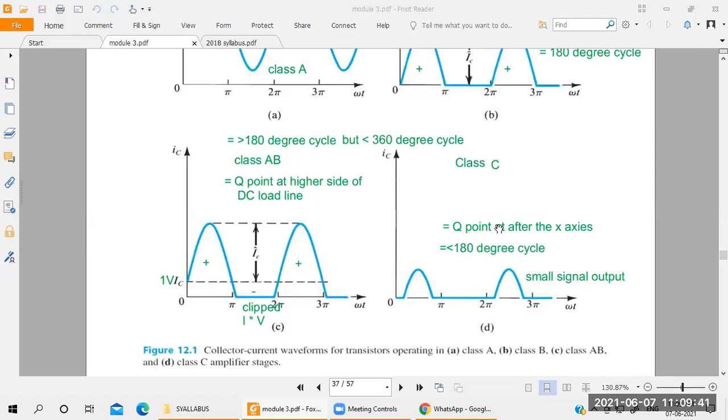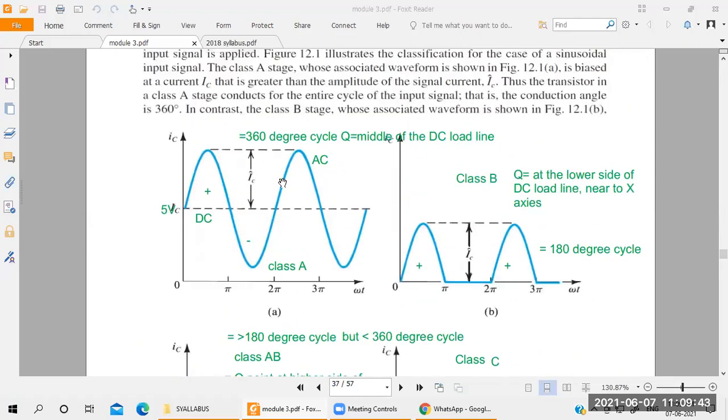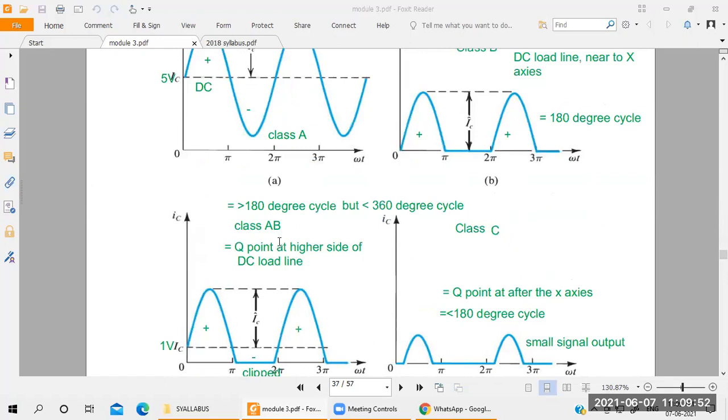Understood? So there are four classifications in power amplifiers here. Class A for the 360-degree cycle, class B for the 180-degree cycle, class AB for greater than the 180-degree cycle and less than the 360-degree cycle, and class C for less than the 180-degree cycle. Understood?